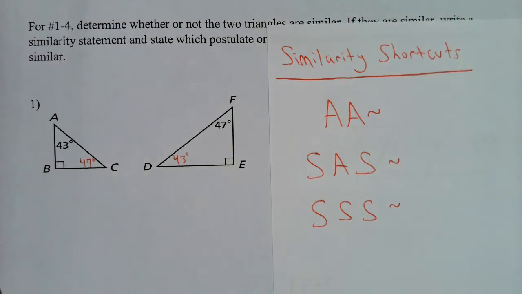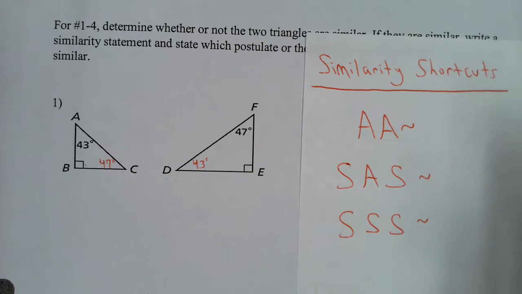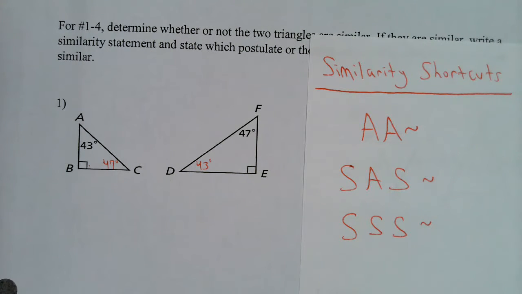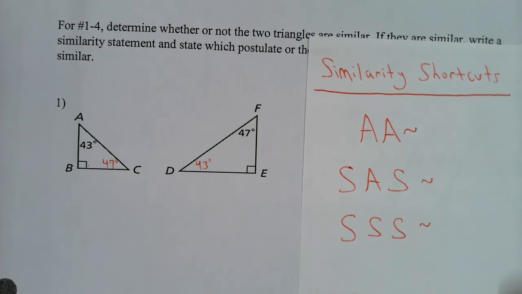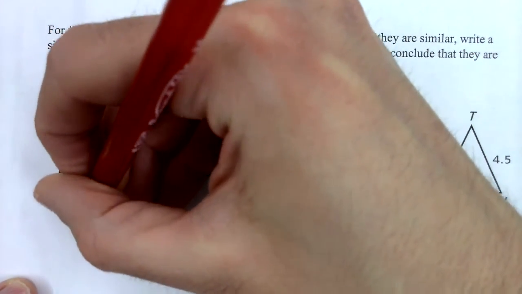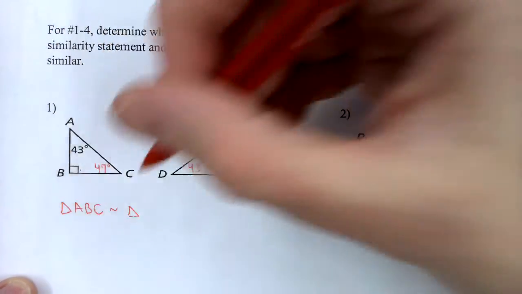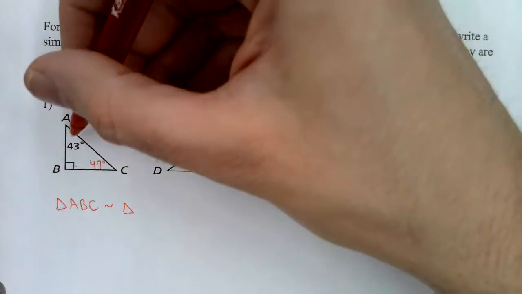And you'll see we do have angle similarity. All you need to know is that two of the angles are congruent, and that's sufficient. And we do have that. So this one's going to be yes. I'm going to say triangle ABC is similar to triangle, I have to go in order. A corresponds to D because they're each 43 degrees.